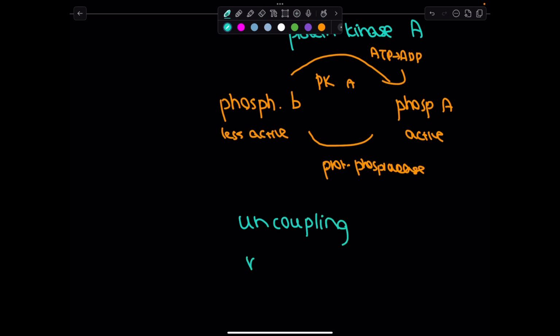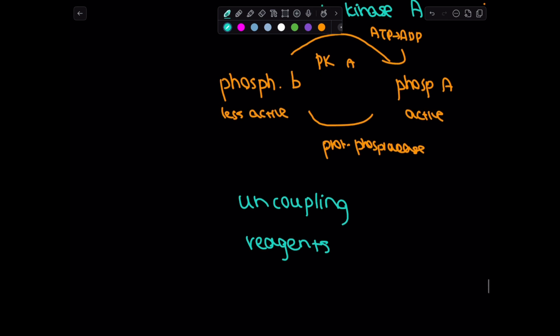Normally, the electron transport chain pumps protons into the intermembrane space, and their flow back through ATP synthase drives ATP production. Uncouplers, like 2,4-dinitrophenol, DNP, or thermogenin in brown fat, act as proton shuttles, letting protons leak back into the matrix without passing through ATP synthase. This dissipates the gradient as heat, uncoupling electron transport from ATP synthesis.